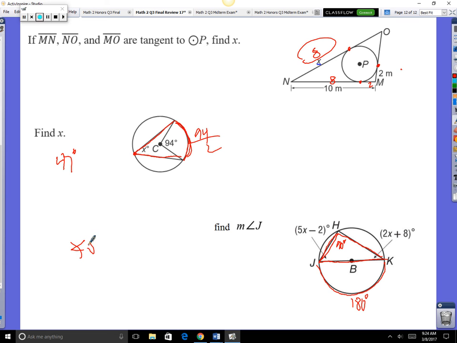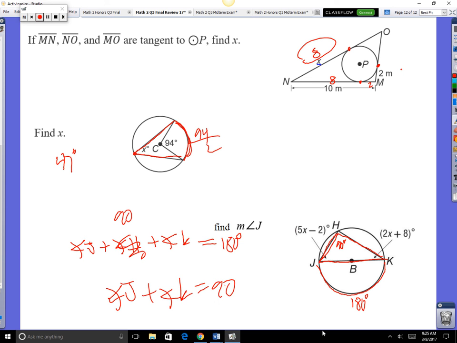Angle J plus angle H plus angle K have to be 180. They make a triangle, and in a triangle there's 180 degrees. And I know angle H is 90. So angle J plus angle K also has to be 90, because 90 and 90 is 180.